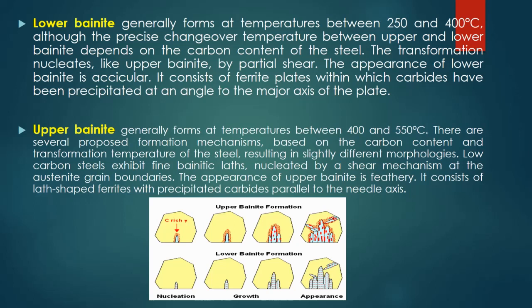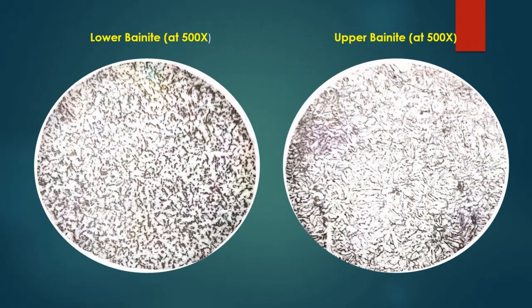The upper bainite is feathery, and consists of lath-shaped ferrites with precipitated carbides parallel to the needle axis. This is the microstructure of lower bainite and upper bainite at 500x. You can note the minute differences, and how carefully you have to examine the lower bainite and the upper bainite in order to differentiate between the two microstructures.